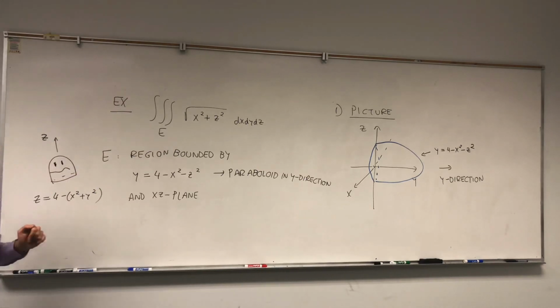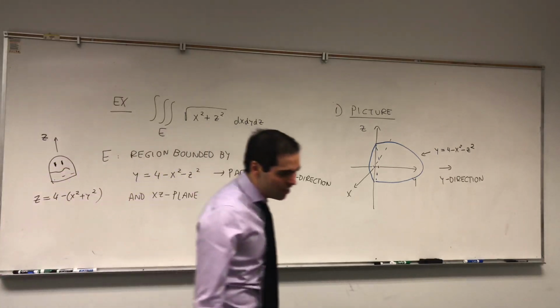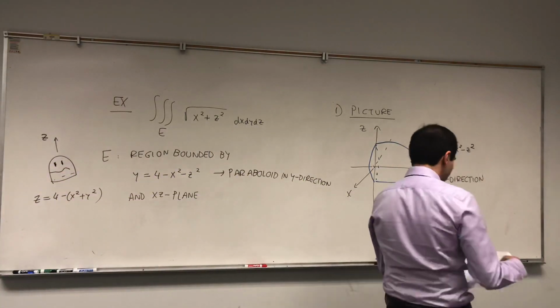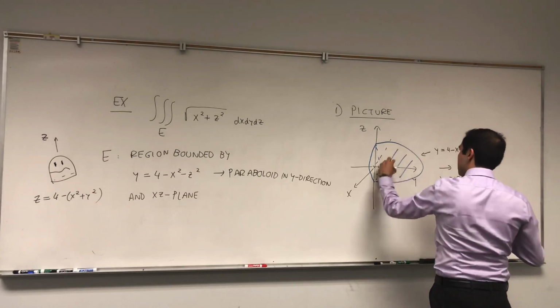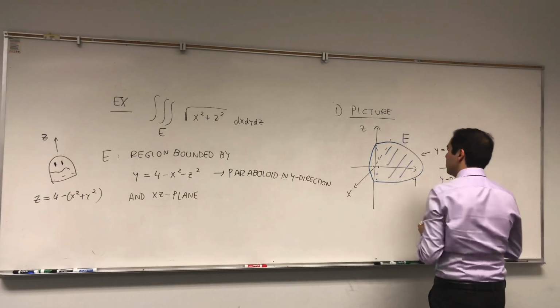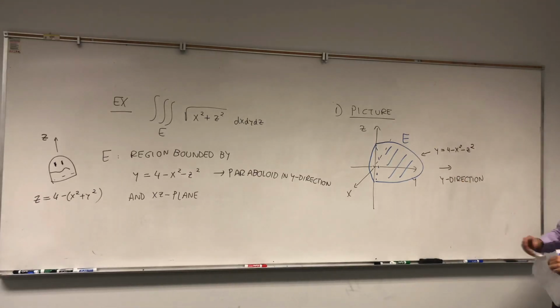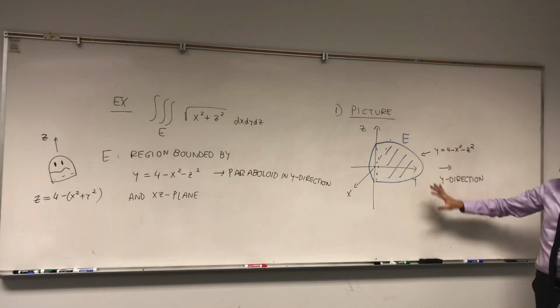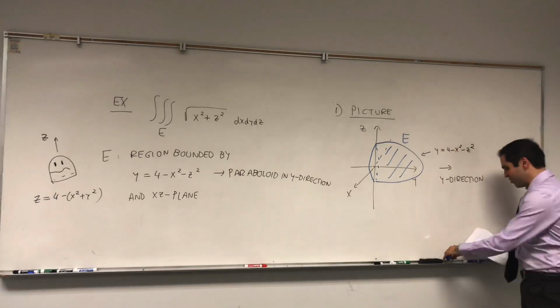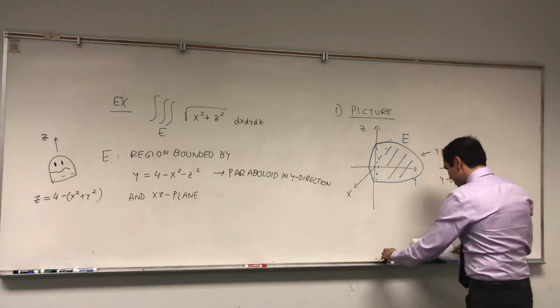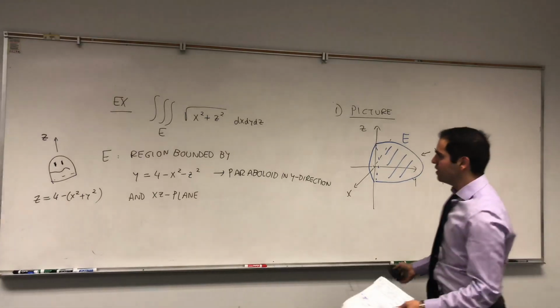Well, of course, here you have to do an integral in the y direction. And again, that is our solid E. And what this integral calculates, if you want, is the mass of E, where the density is square root of x squared plus z squared. Okay, so that's one thing.